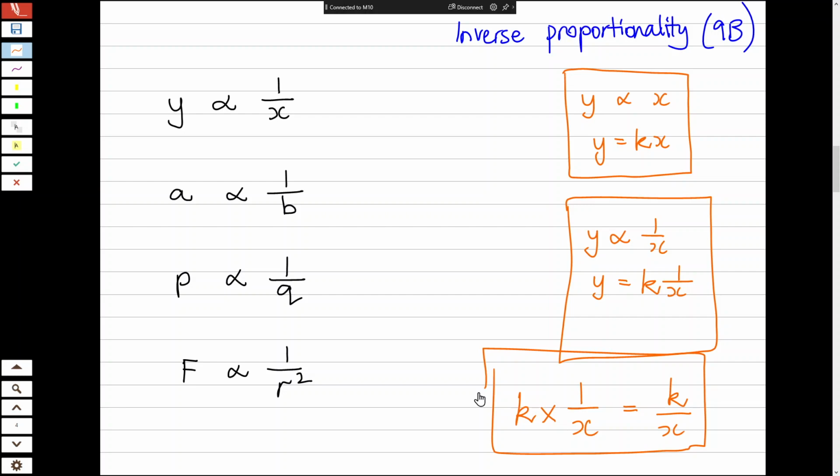And when you multiply two fractions, you multiply the numerators together and the denominators together, and that leaves you with k on x. This is the simplest way to write it, and this is the way that we're going to use it. So I want you to write it like this. This is the explanation. If you can follow the explanation, great. If you're not following this, this is this.